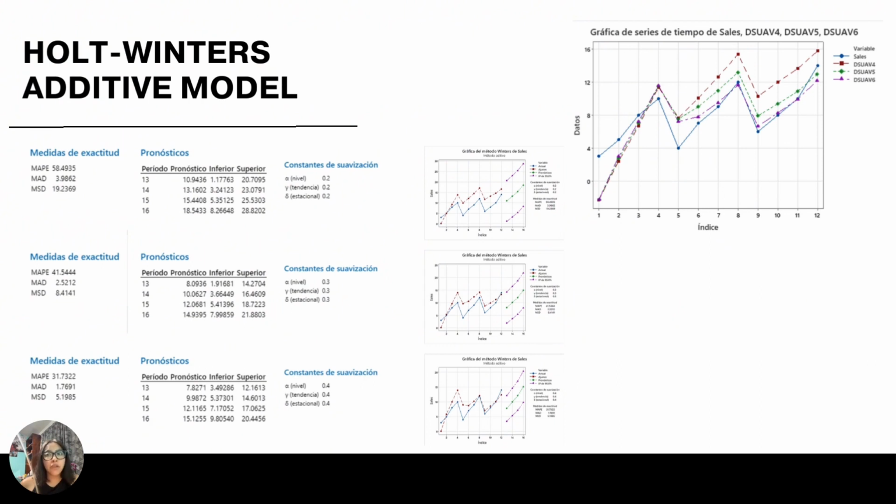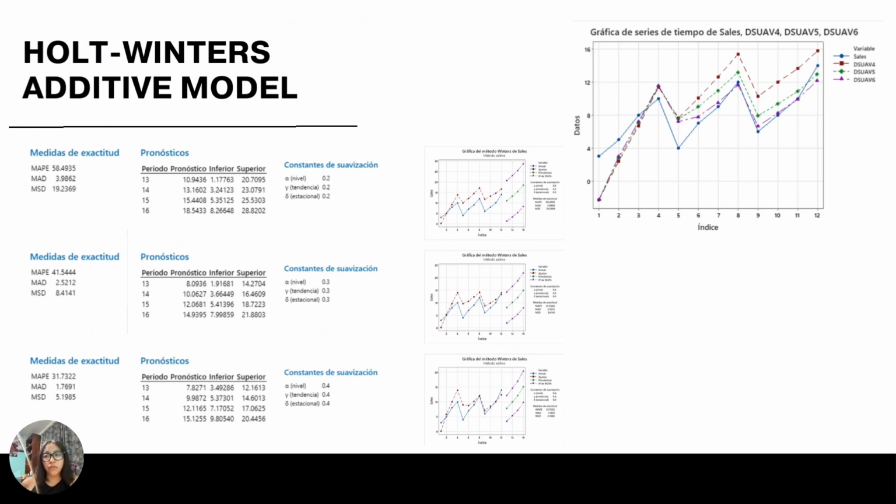But because of the increasing nature of the sales, this additive version does not represent this side of the behavior in the data. As we can observe in the graphs and in the MAPE values, the smoothing constant of 0.4 achieved the least amount of error at 31.7322 MAPE. So we are able to trust that its predictions are the most accurate to the real values of the next year.